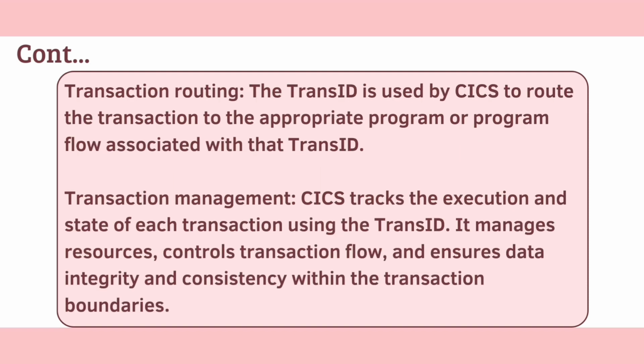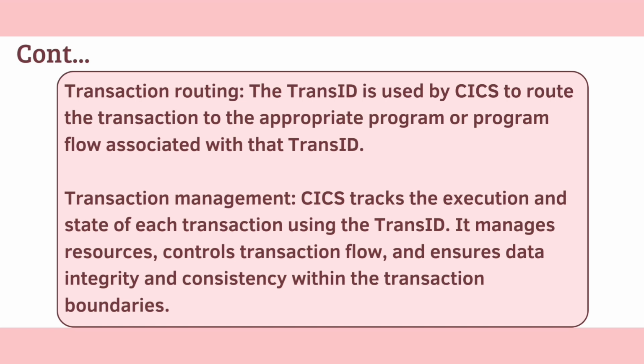Next is transaction routing. The trans ID is used by CICS to route the transaction to the appropriate program or program flow associated with that trans ID. CICS uses the trans ID to determine the program linkage or processing logic defined for that particular transaction.